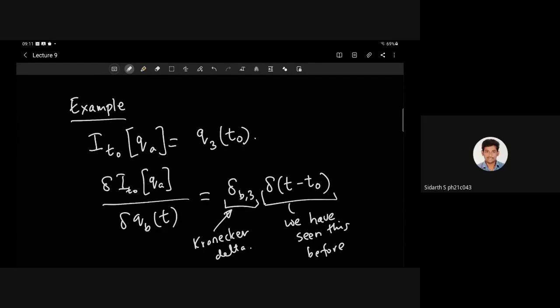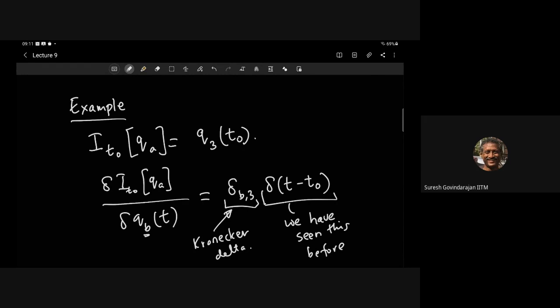And b is just like t minus t naught. Well, it is not b minus 3, but it's delta b comma 3 because it's a discrete delta function. But I know where you're coming from, and morally what you're saying is correct. Okay, sir.